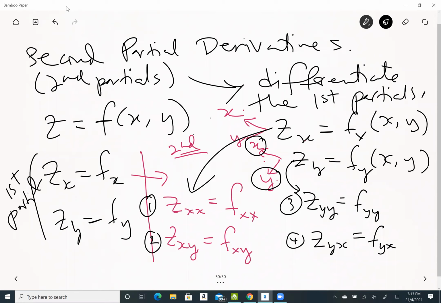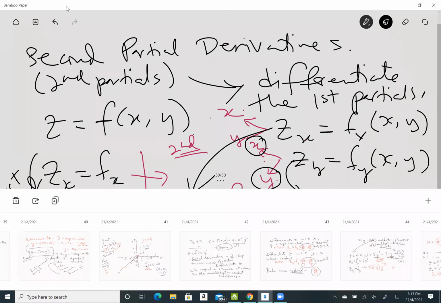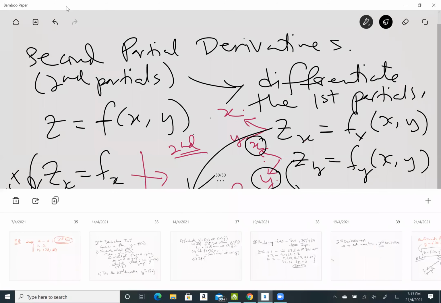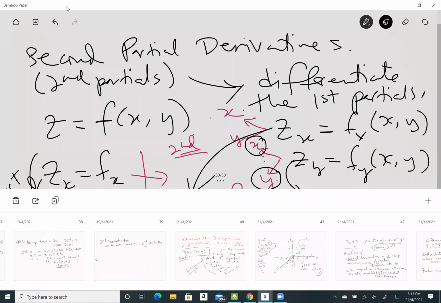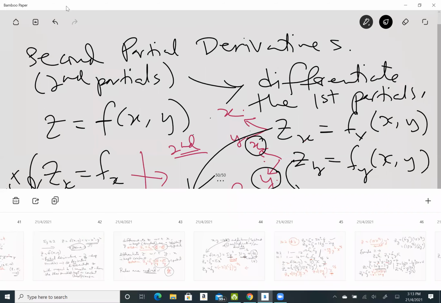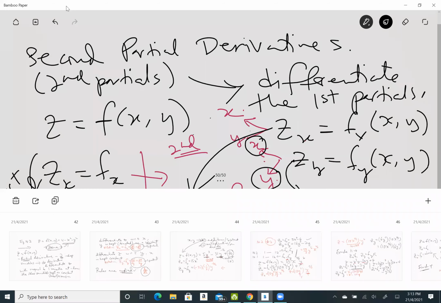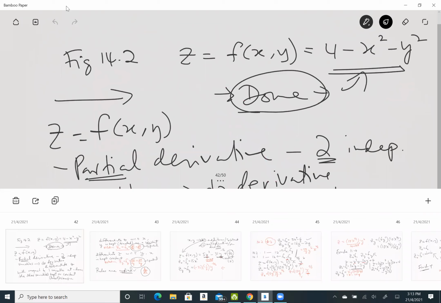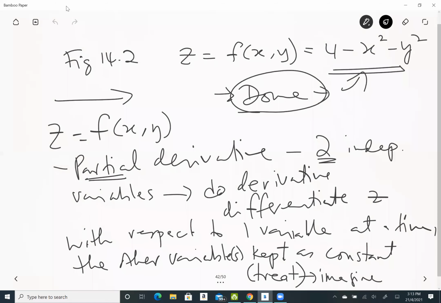So now we go back to the examples that we have done, and we apply this principle. Differentiate again with respect to any particular variable. So we go back to the first example that we had earlier. Our first example: 4 minus x squared minus y squared.